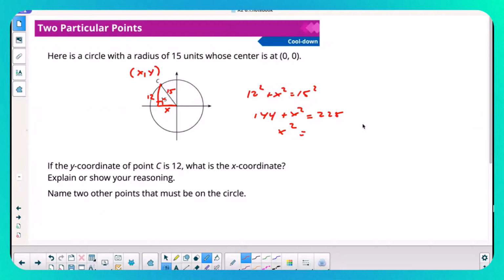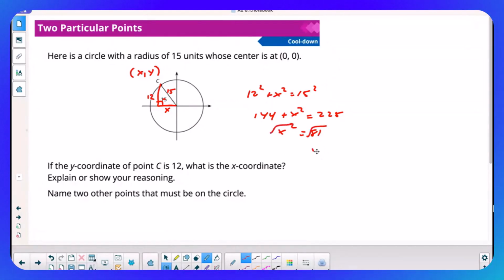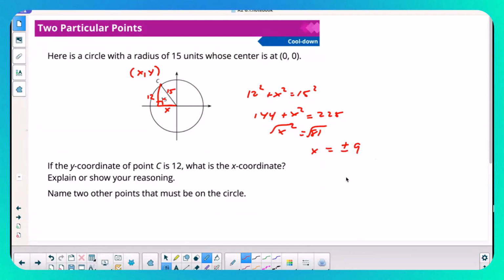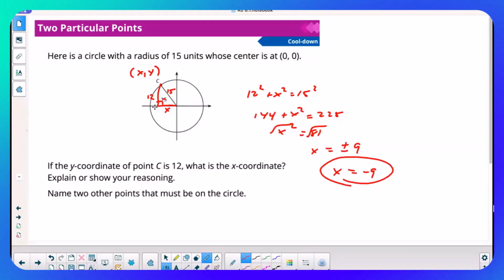I think that's 89. Or 81, I meant to say. Square root, square root. So x equals, technically it's plus or minus 9, but since I went left, we know that it's going to be negative 9. It would have to be this point right here, negative 9, 12. Okay?